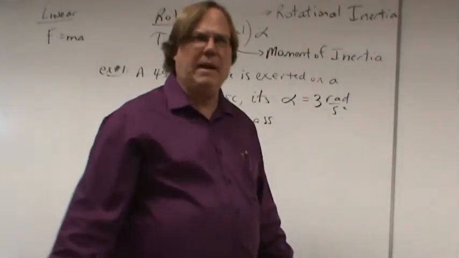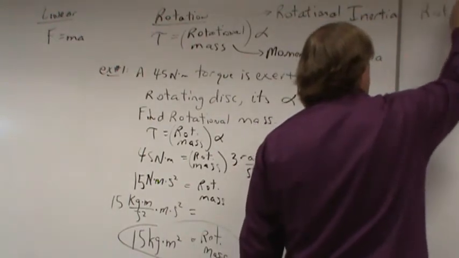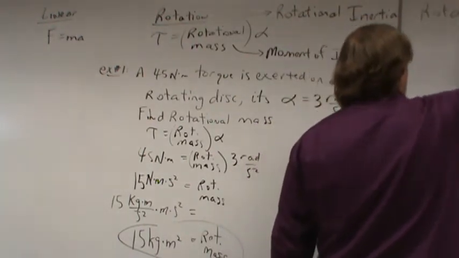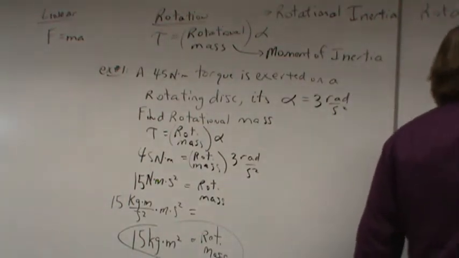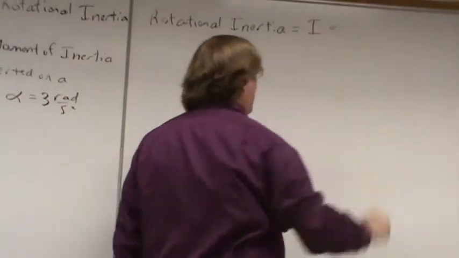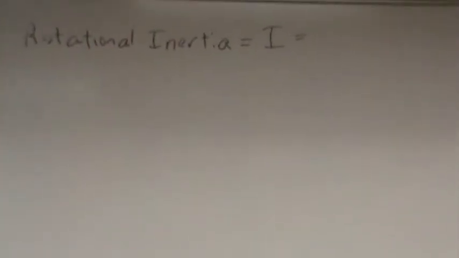So let's get a nice definition for rotational inertia or rotational mass. Rotational inertia, which we call I, is the following. Remember how inertia was an object's tendency to resist changes in its linear motion?